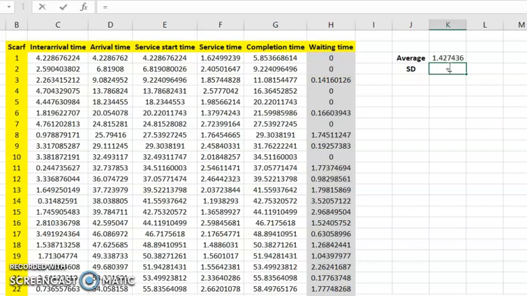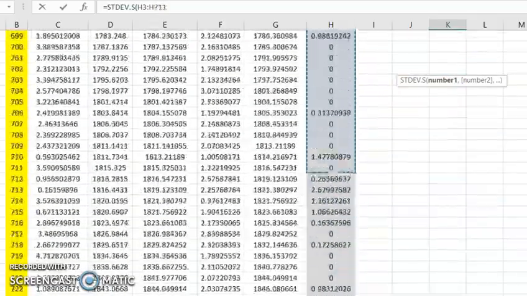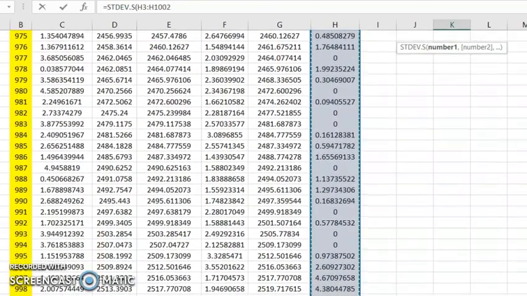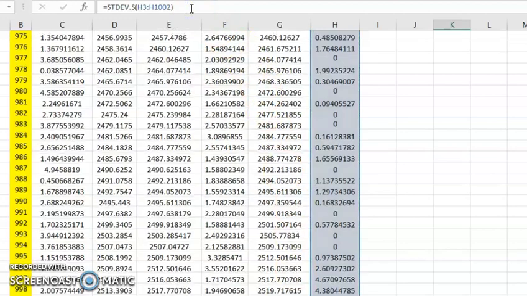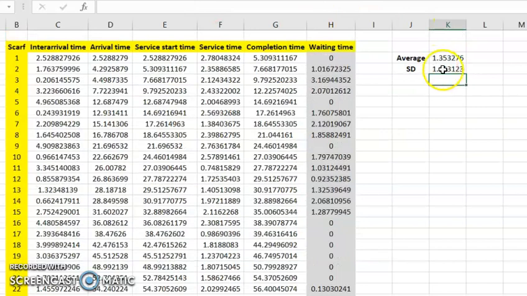And about the standard deviation, we have this standard deviation here that again makes sense.